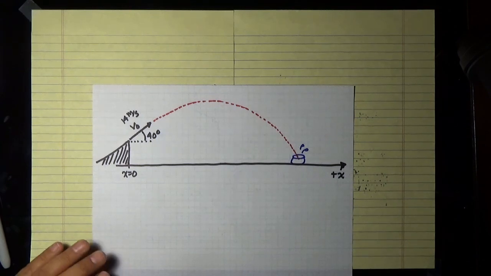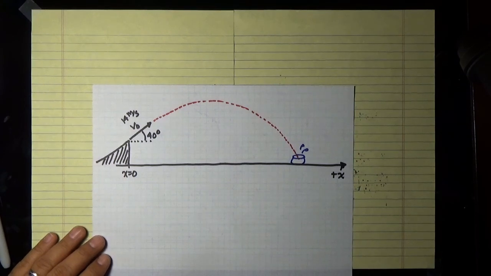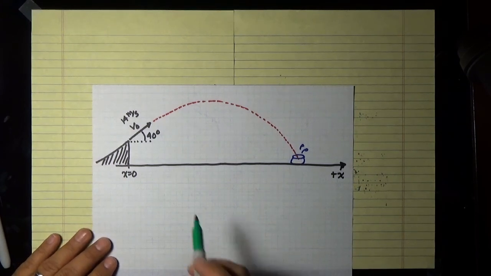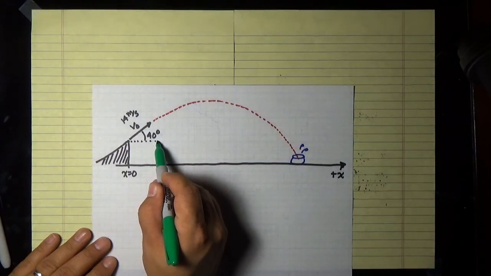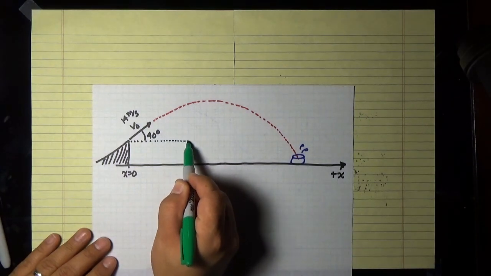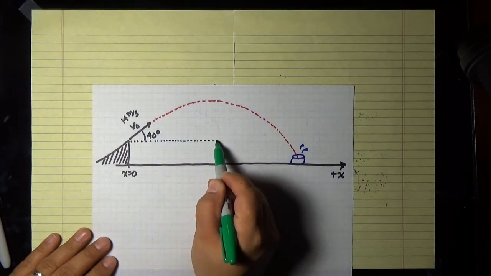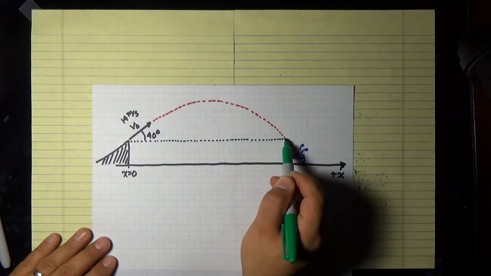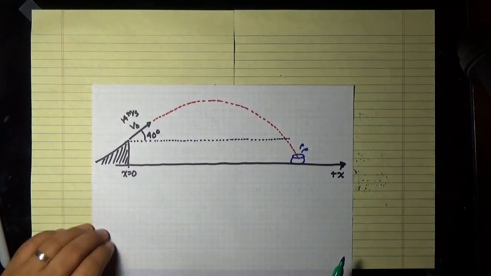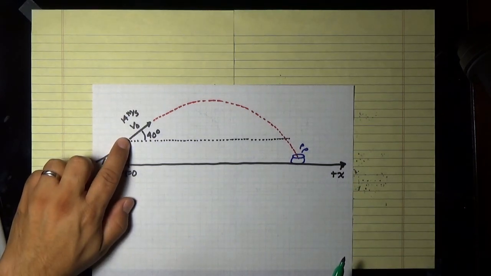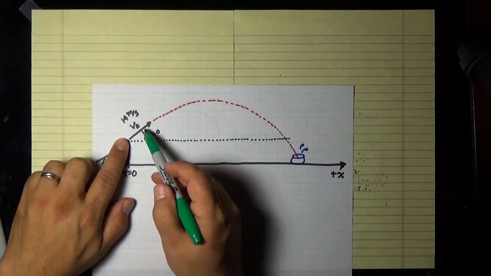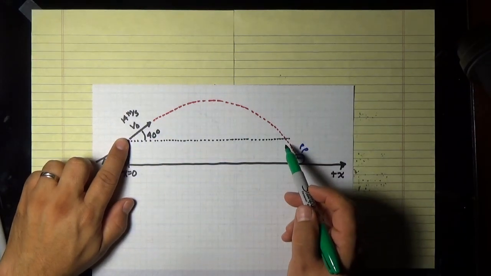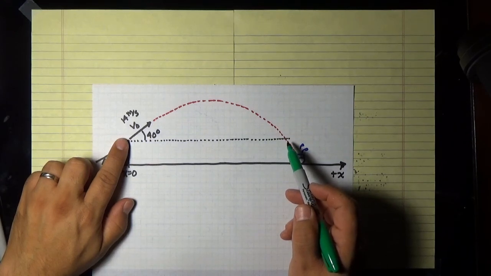In this case, I'm going to divide this up into phases in the following fashion. I'm going to draw a dashed line straight across at the initial height of the ramp. The reason is that if I were to pretend the top of the ramp were the ground, then the motion I go through here is exactly the normal parabolic projectile motion we've been talking about in class.